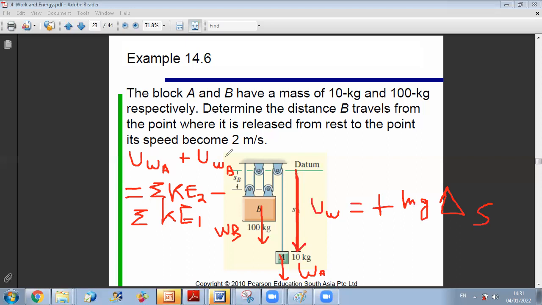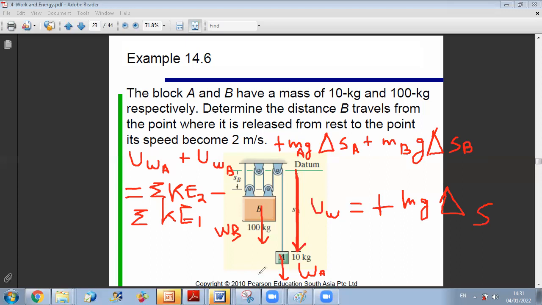So for block A, the work will be plus mA g delta SA. And for block B, the work of the weight will be plus mB times g times delta SB. Now please pay attention. Delta S can be positive or negative.